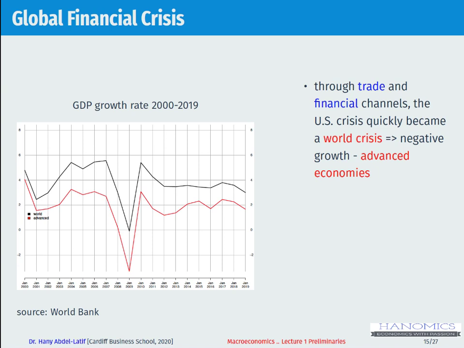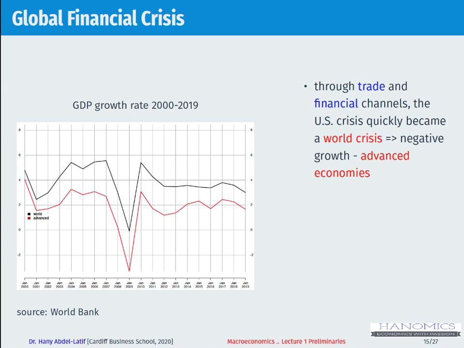It was below minus 2% growth rate. So that explains how big the problem was in 2007 and 2008, and that affected not just the US economy, but also advanced economies.